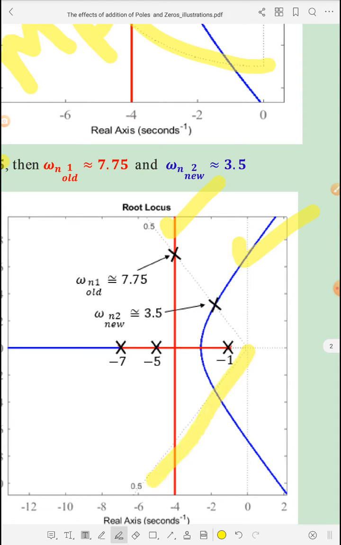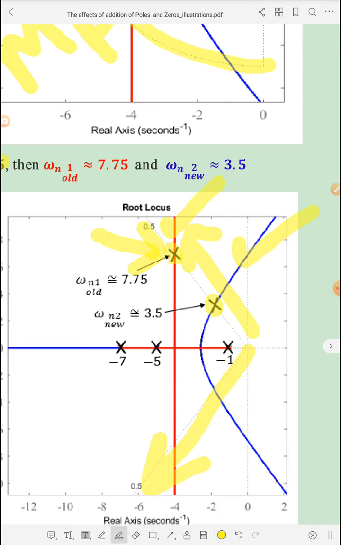This is one of the beams, and this is the other beam. So, this intersection point is the intersection of this beam with the new root locus, and this point is the intersection of the beam with the old root locus.